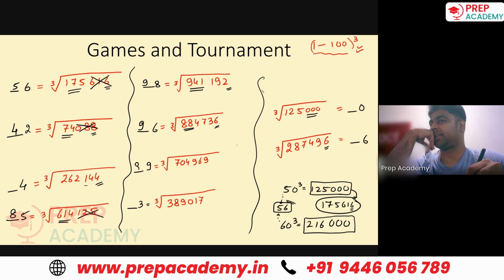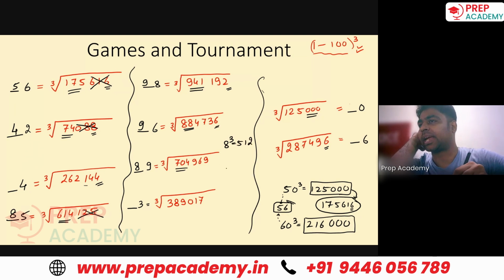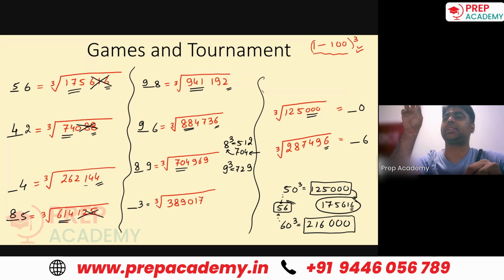The next one. 89. Very good. Because 8 cube is 512, 9 cube is 729, so somewhere between that is 704. So below that is 8. Understood now?